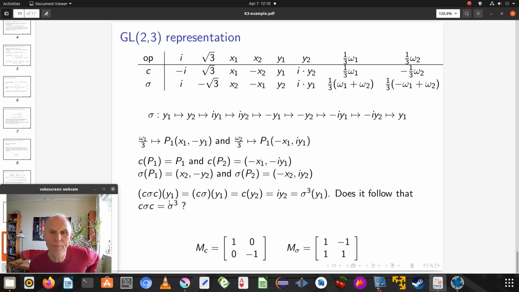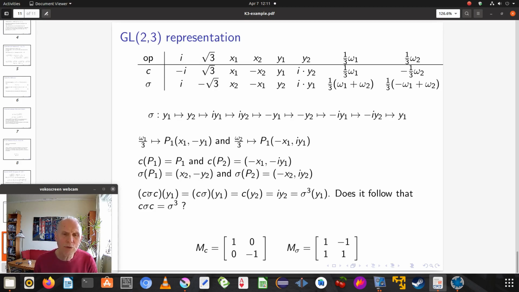Now, of course, we have c squared is identity, and sigma to the 8th is the identity. So we just compute c sigma c, and when it operates on the imaginary unit, it gives the imaginary unit itself, and y1 is by c mapped to y1, mapped to y2, mapped to minus y2. No, is it not?